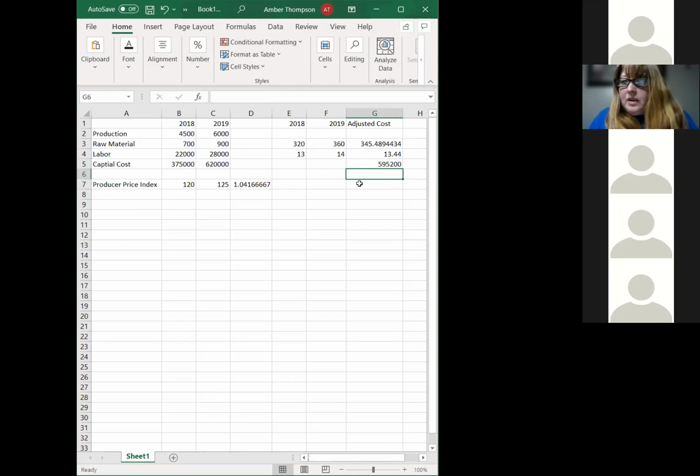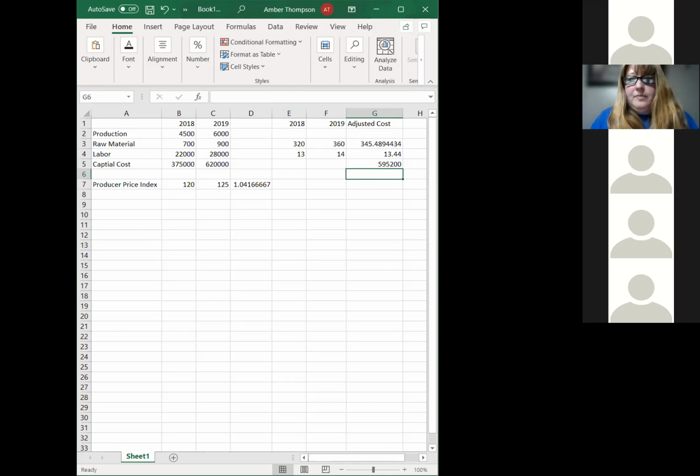Then you go down and do this for all of them, and then you're looking at your total cost versus your adjusted cost. This would be the adjusted cost here.